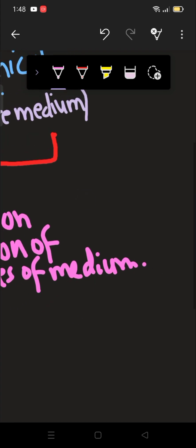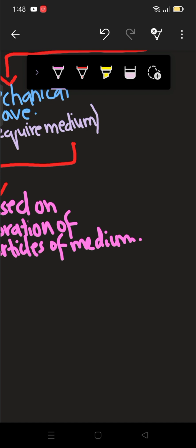So the first type is based on vibration of particles of medium.